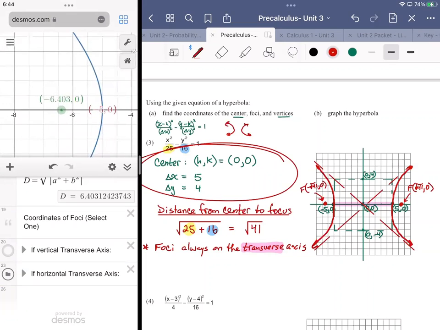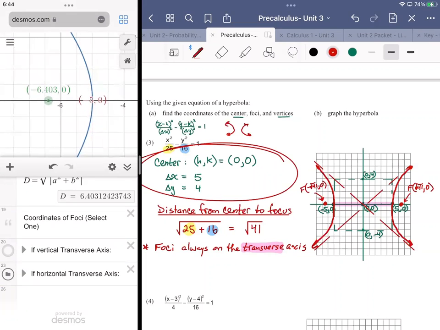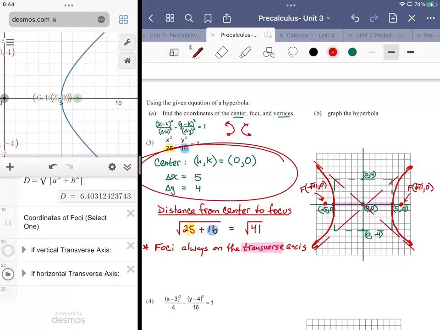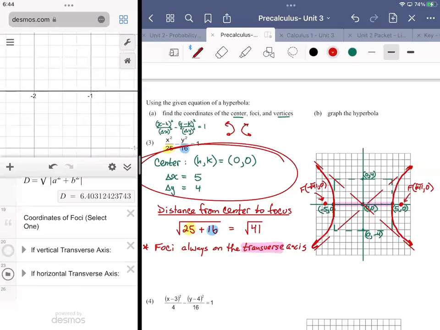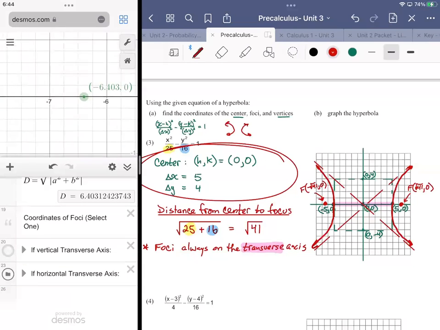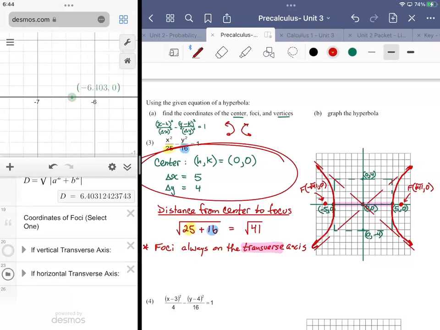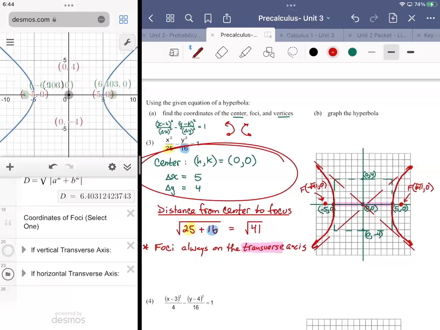If anything, go into the neighborhood and zoom in a little bit so you can see what's going on, and then go into the other neighborhood and zoom in until you see what's going on. But these points here, this one and this one, would make up the foci for this hyperbola.